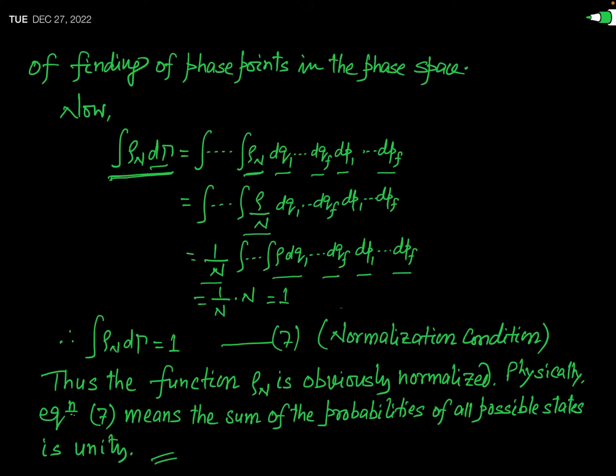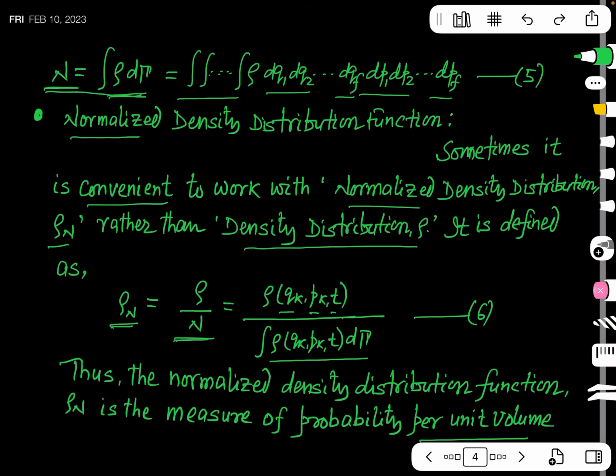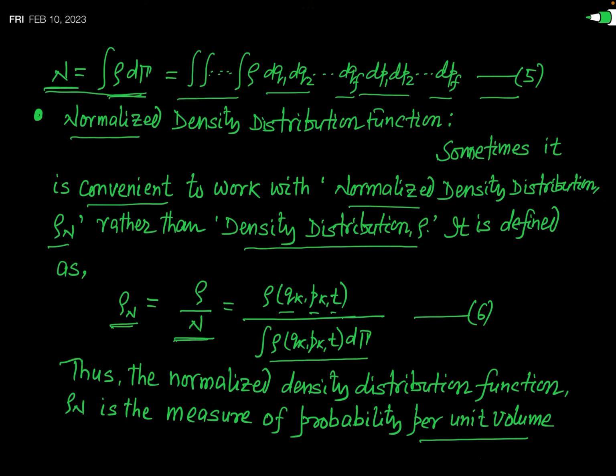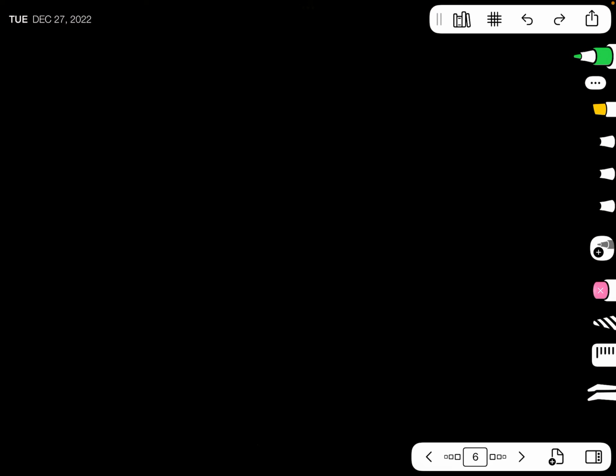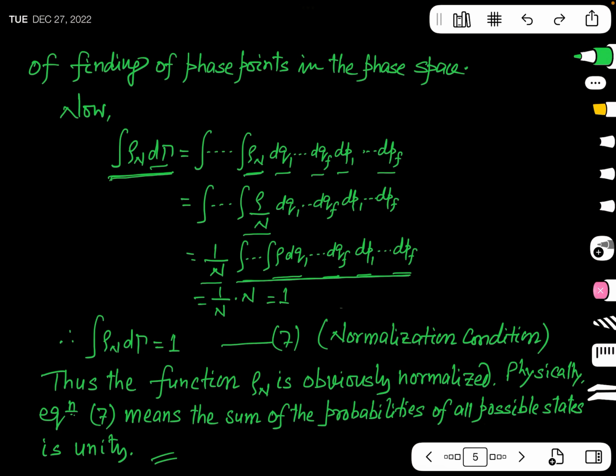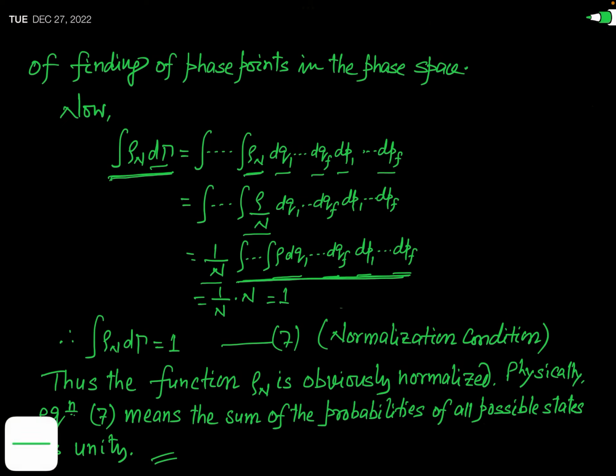Now you have seen that this integral actually represents the total number of phase points in the phase space. You can see it in equation 5. This integral represents the total number of phase points. So instead of this integral, I have substituted N here.